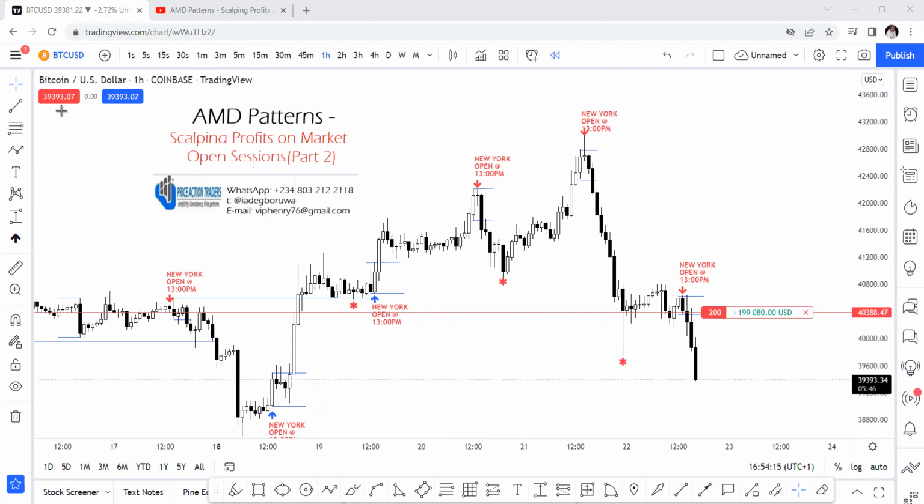Bitcoin is moving to 200,000. That's massive.